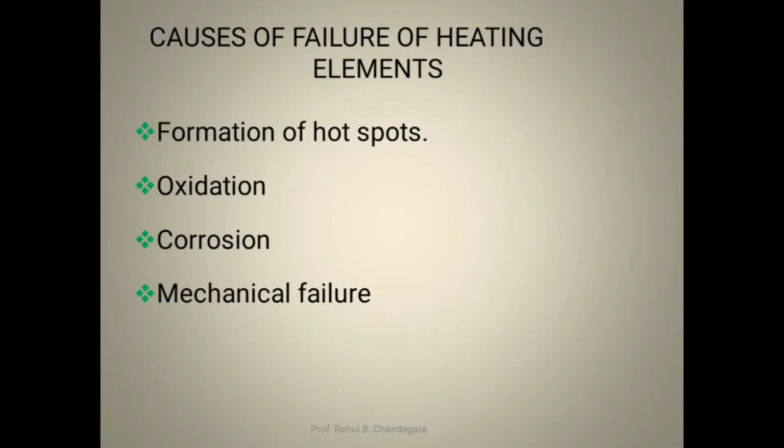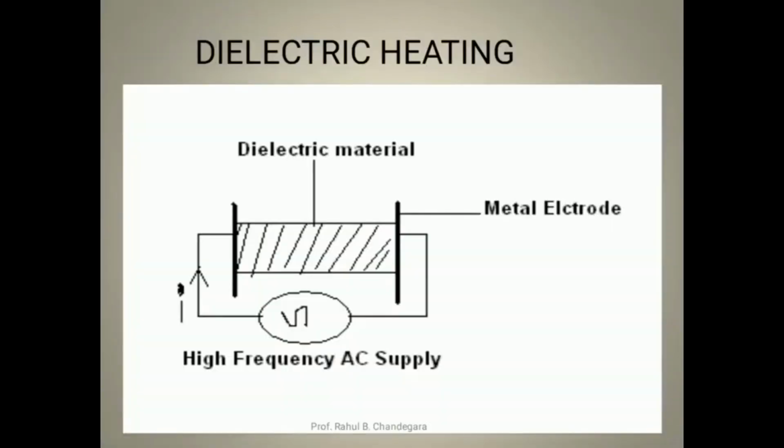And the last is mechanical failure: sometimes due to mechanical hazard, it may occur as a cause of failure of the heating element. Now the next point is dielectric heating.